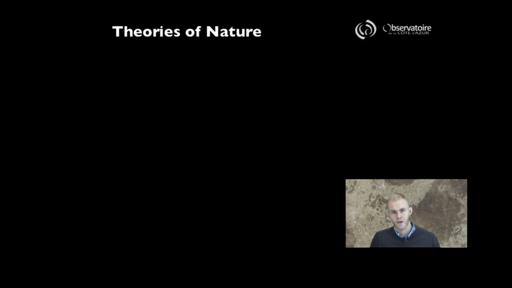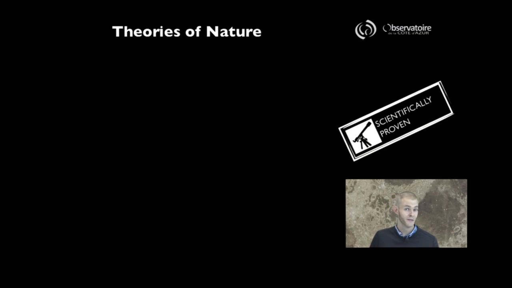You may have heard this statement a couple of times: scientifically proven, usually employed at the end of a commercial for a special beauty product, for example, that is used to dissipate any shadow of a doubt about the validity of the statement that were previously made. This statement, scientifically proven, turns out to be a bit of a fallacy.